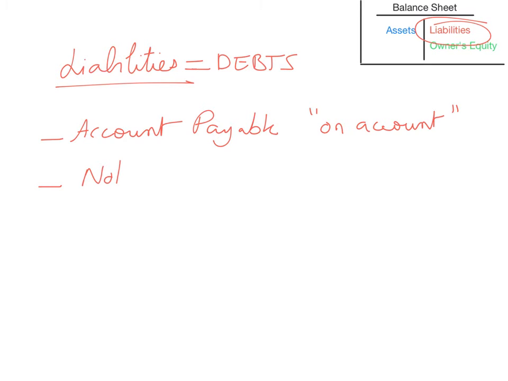Notes payable are a more formal type of liability. These are the loans that the company has taken, and they usually involve a written agreement and interest. And you may also see income tax payable, and this is the tax that the company owes the government.